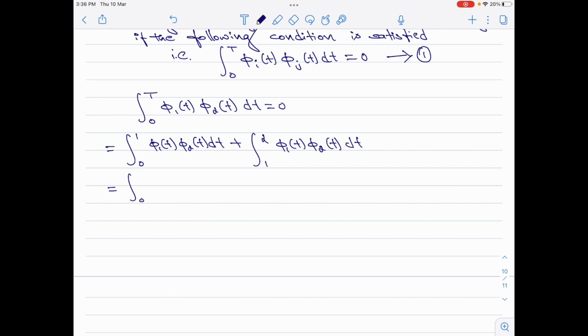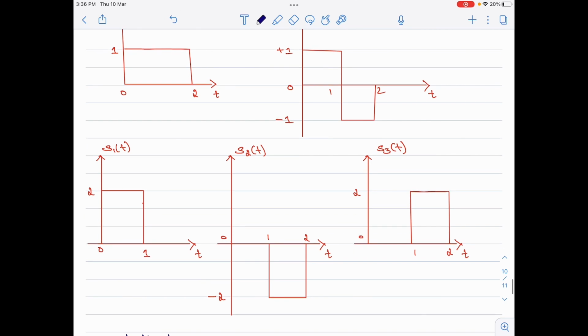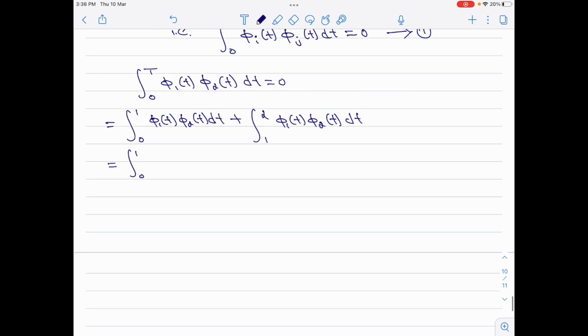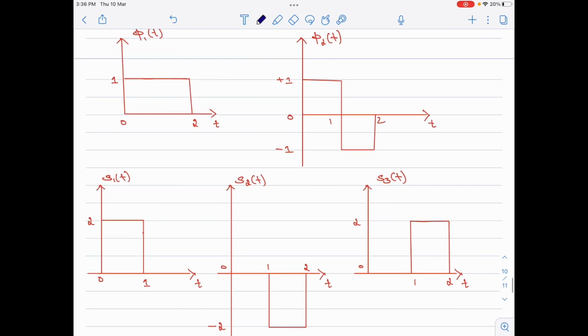Integral 0 to 1, phi1 of t, the value between the interval 0 to 1 is 1, phi2 of t is also equal to 1. So, it is 1 multiplied by 1 dt plus integral 1 to 2. Coming back to phi1 of t, phi1 of t between the interval 1 and 2 is 1, whereas phi2 of t is minus 1.